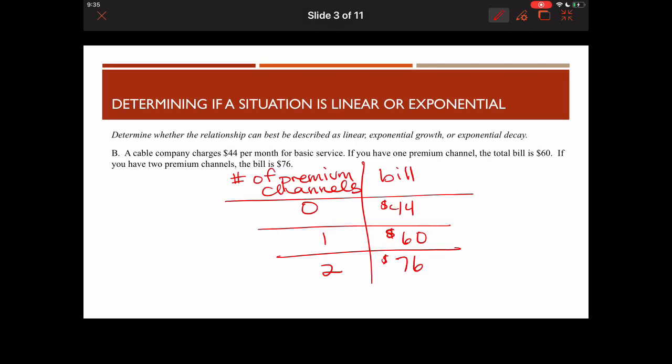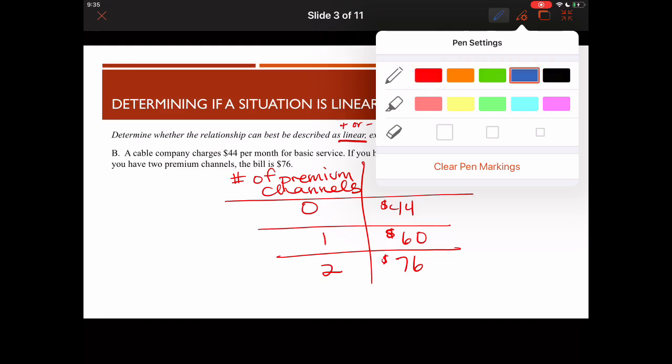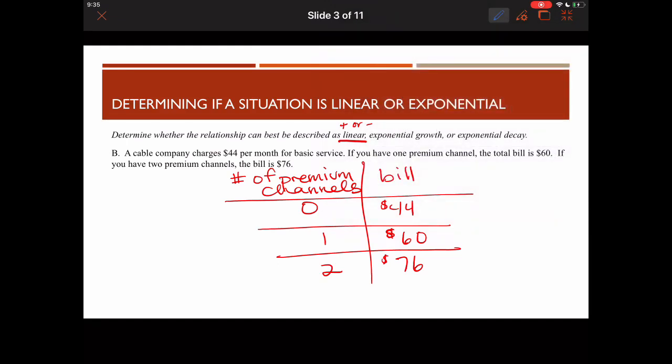So again, I'm going to look to see if it's linear first, if I can either add or subtract the same number every time, just because I think checking to see if it's linear is always easier to begin with. So I want to say, is there a number that I can add or subtract to this first number to get the second one?